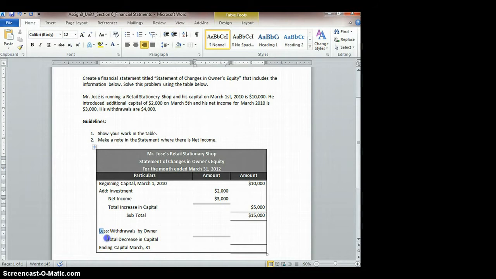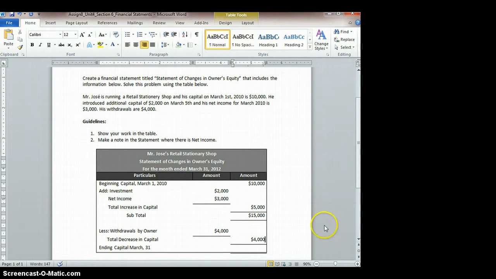That's what this less means here. Less means to subtract. So we're going to subtract the withdrawals that were made by the owner. So this tells us up here in our little scenario that his withdrawals totaled $4,000. Okay, and so that has a total decrease of capital of $4,000.